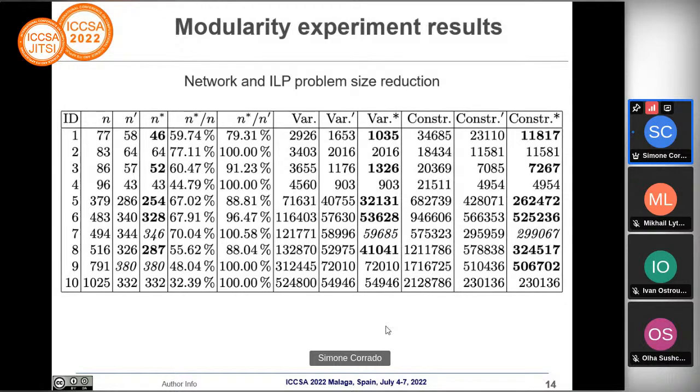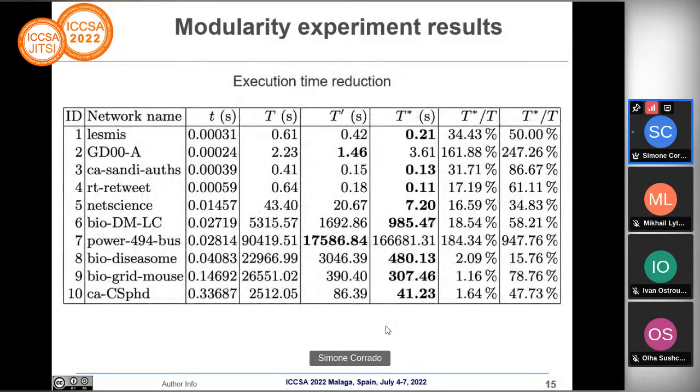Here you can see that for some networks it actually took us longer to solve, because we present the times that they reported. We just couldn't reproduce those times, and in our case the time to solve the original network was much larger. So it actually reduces the size and the time to solve. In most cases, it reduces by half, sometimes even more.